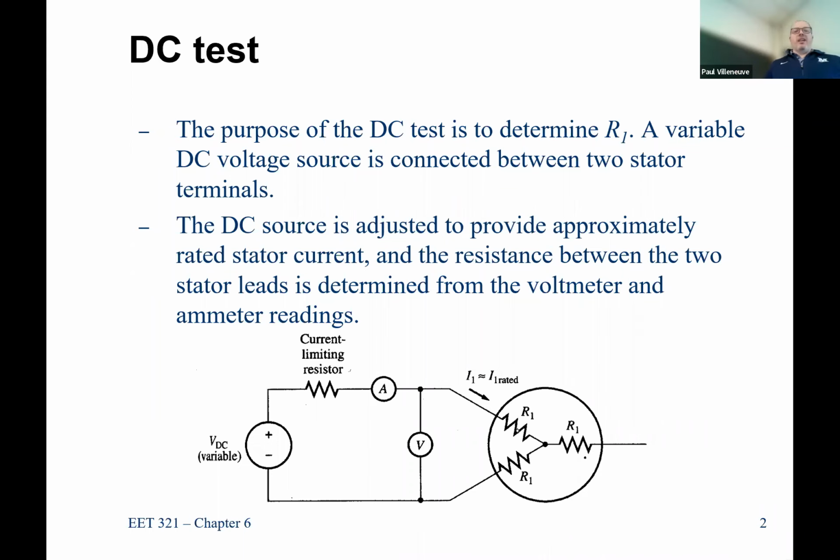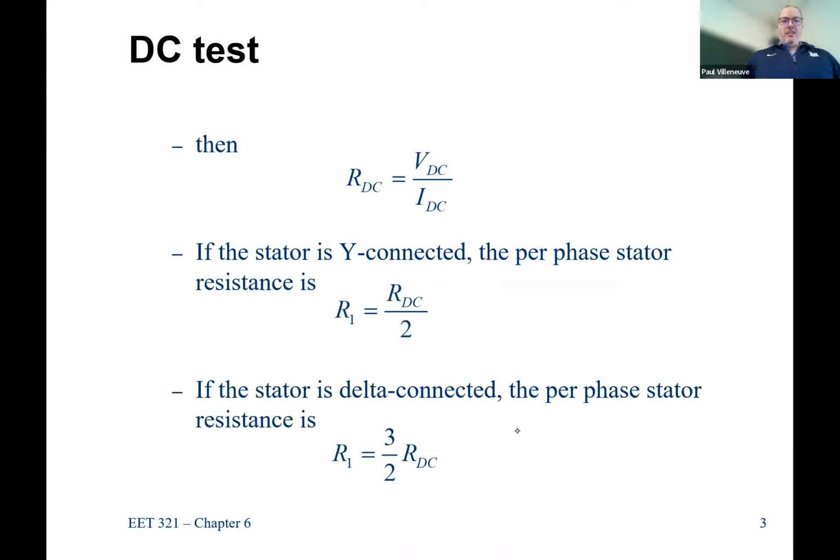And that's the value that you get. You can see that my voltage divided by my current is my DC value. I have 2 resistors in series, so my R1 is going to be equal to my DC value divided by 2. How about for this circuit here?